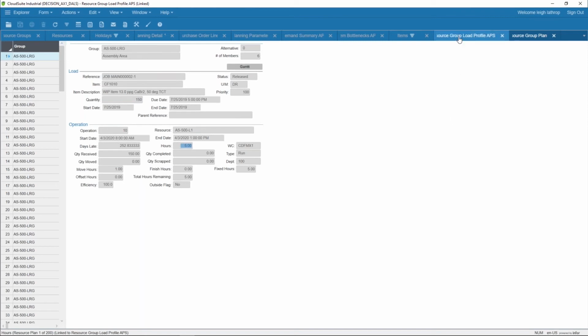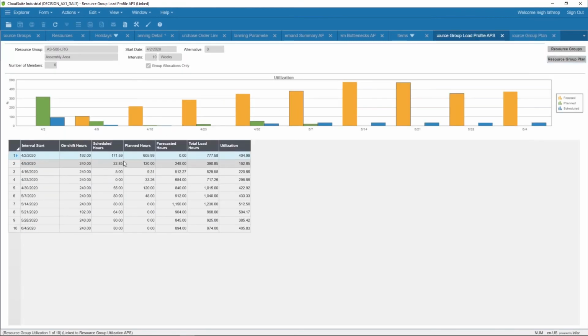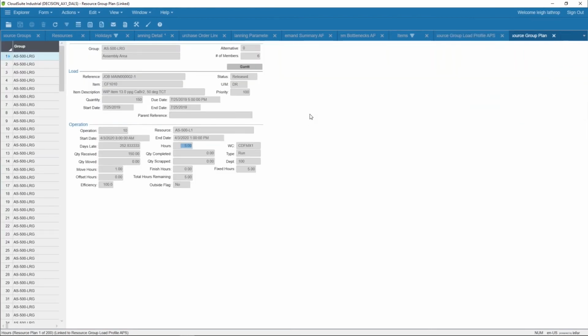So if I have, right, 192 hours, I have to do something with any of these planned hours in excess of the 192 hours of availability. So this resource group plan gives me a really nice way of going out into the system and saying, what is the impact of these resources being offline?